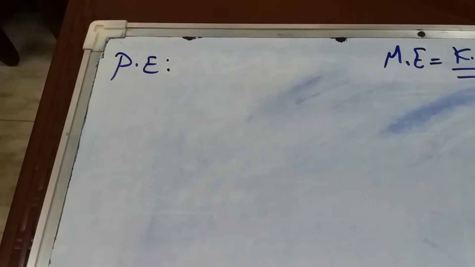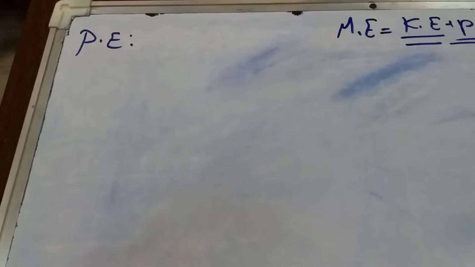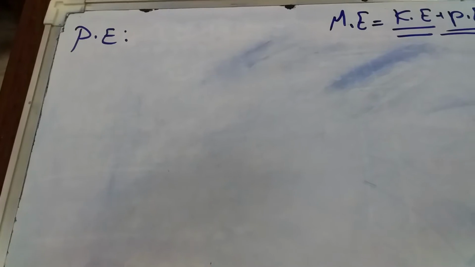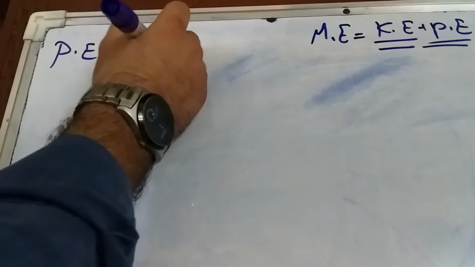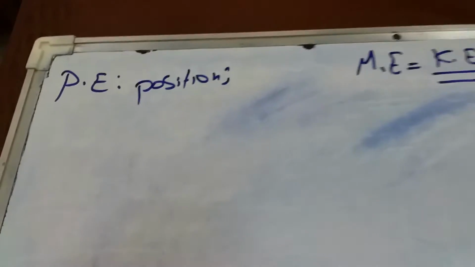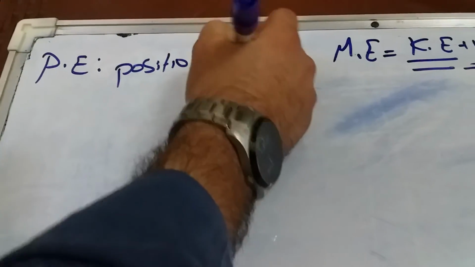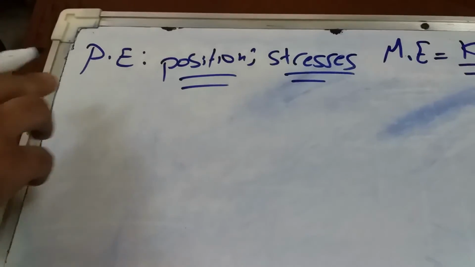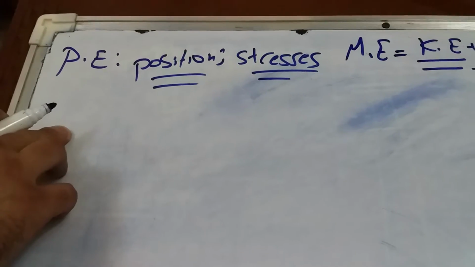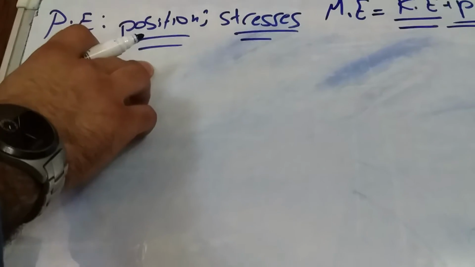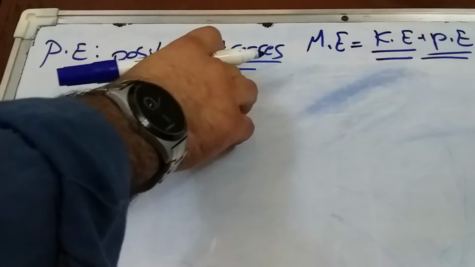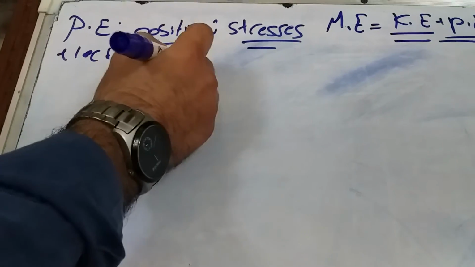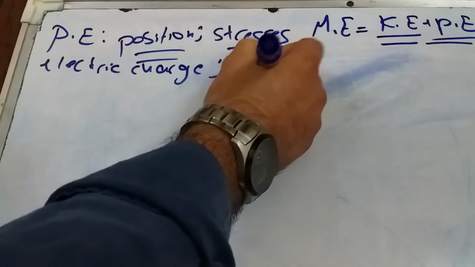Potential energy. The definition of potential energy is the energy possessed by a body by virtue of its position relative to others, stresses within itself, electric charge, and others.